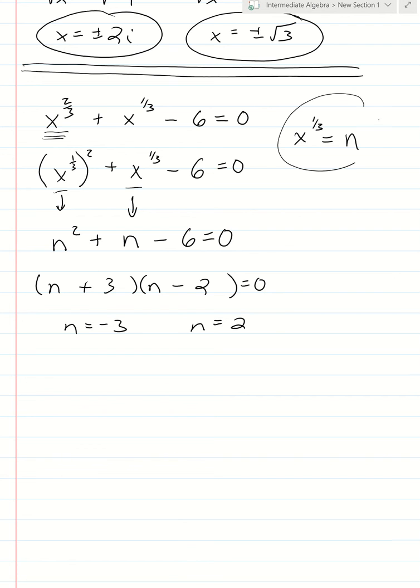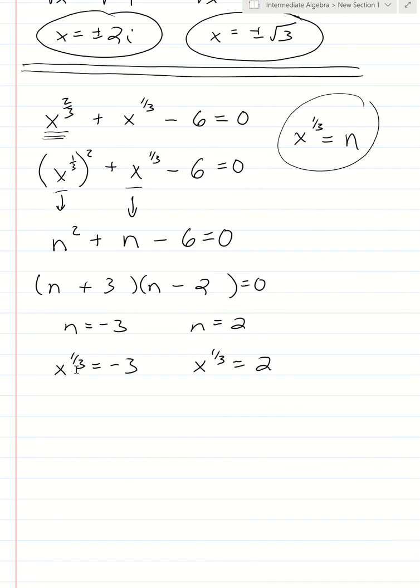Since we established the relationship that x to the 1/3 power equals n, we of course can now say x to the 1/3 power equals a negative 3, and x to the 1/3 power equals a positive 2.